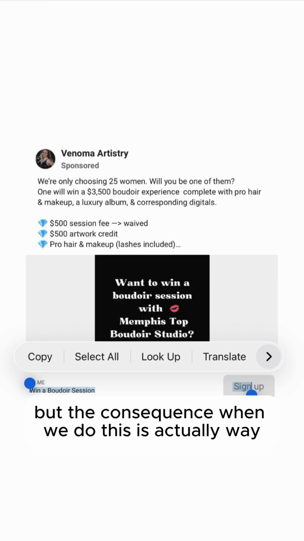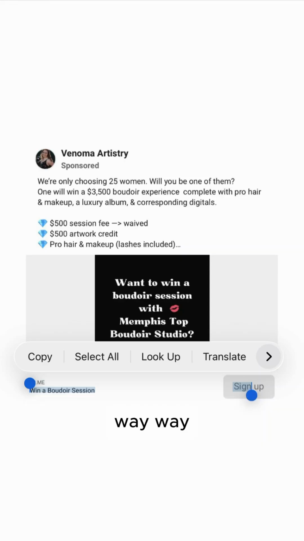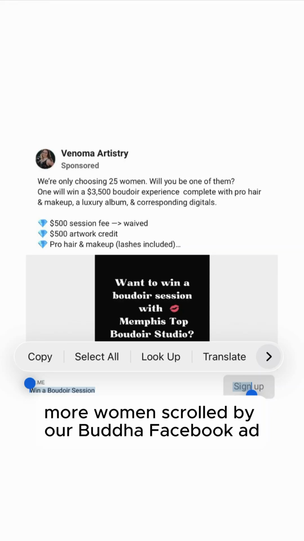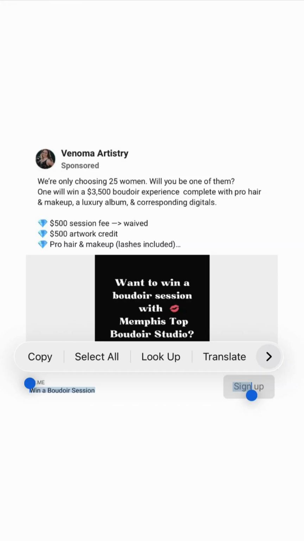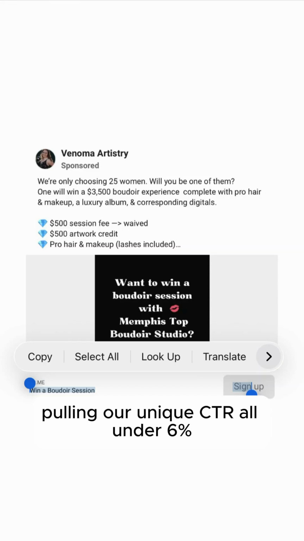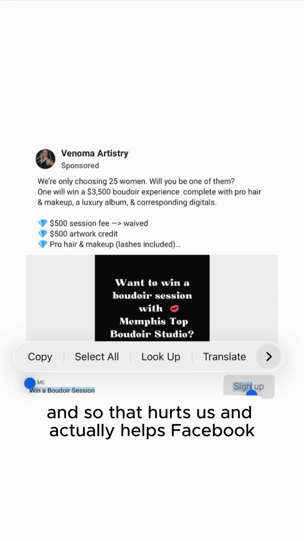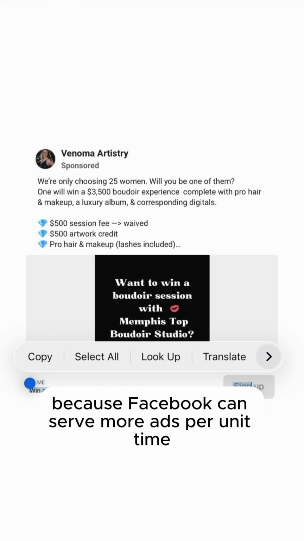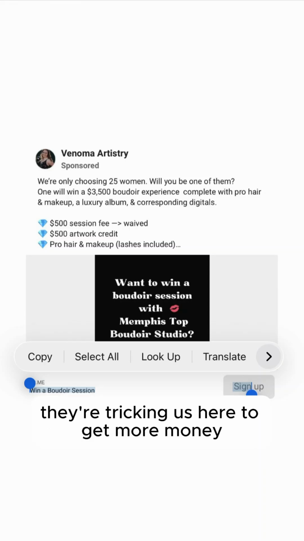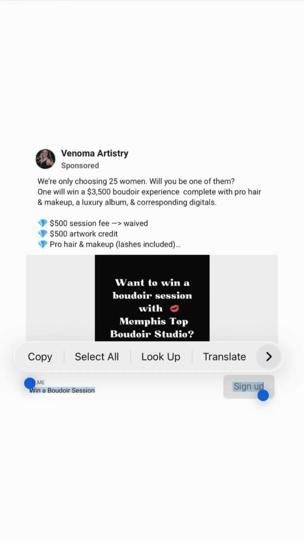But the consequence when we do this is way, way, way more women scroll by our boudoir Facebook ad than necessary, pulling our unique CTR under 6%, contributing to BLCS, boudoir low-click syndrome. And that hurts us, and it actually helps Facebook because Facebook can serve more ads per unit time. So Facebook's hustling us, they're tricking us here to get more money.